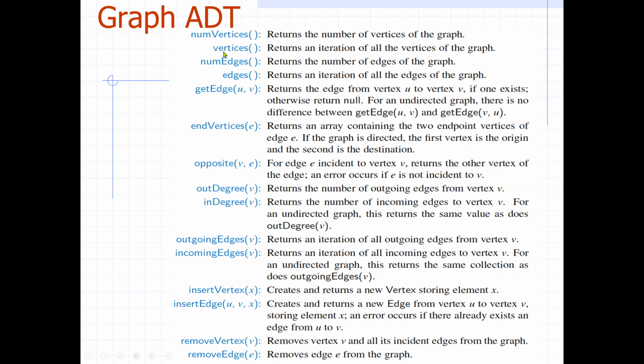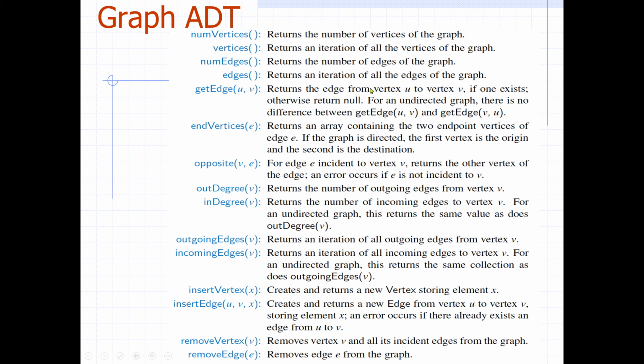Also we have the method vertices. This will return an iteration of all the vertices of the graph. Then we have num-edges, which returns the number of edges of the graph. Then we also have the edges method, which returns an iteration of all the edges of the graph.